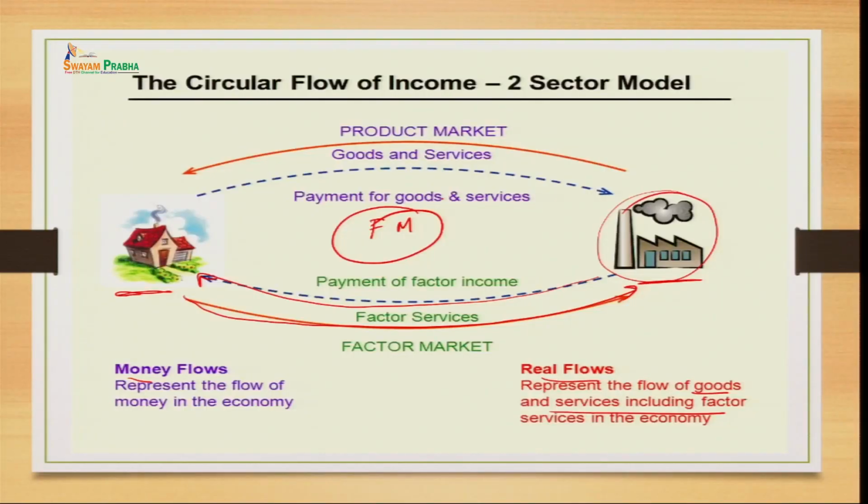So, it is believed that they take some money out of it, and they keep this money in the financial sector, right. The money which has been taken out by the household is usually called leakages, right. And when they take out this money from the circular flow, what are they going to do with this money? They are going to save it in the financial market.